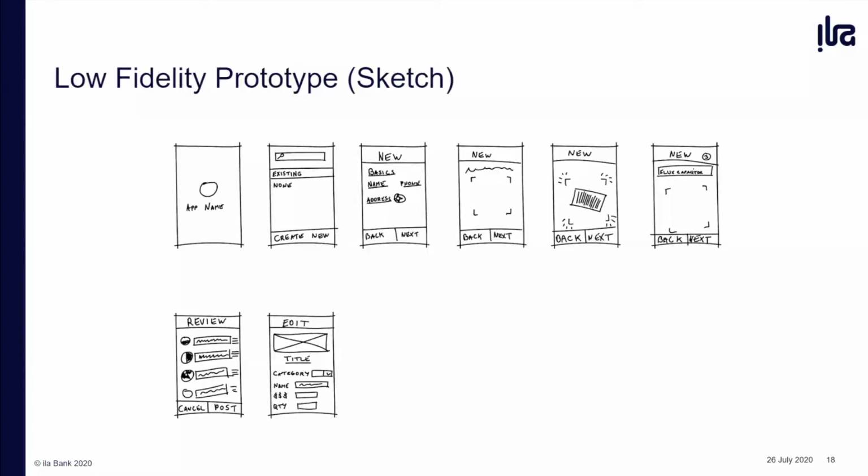Fidelity here stands for the number of details in a prototype. So in low fidelity there are minimum details. I don't need you to draw me the icons really well. I just need you to show me that this is an icon, just a circle, or just something that represents an icon in a simple way, for example.